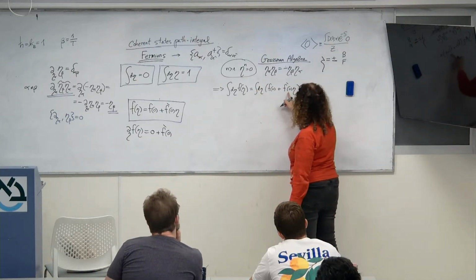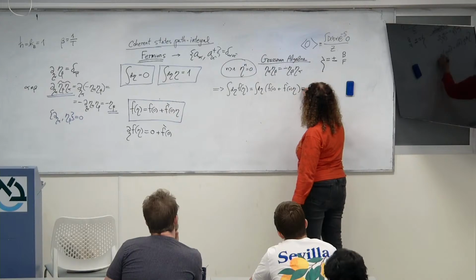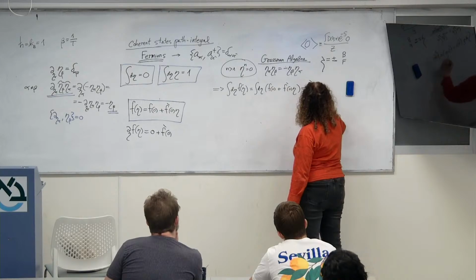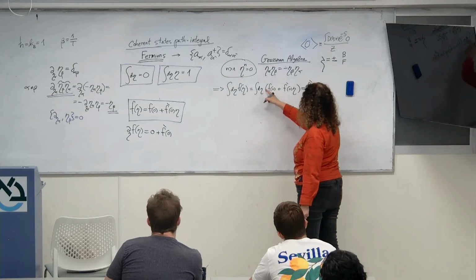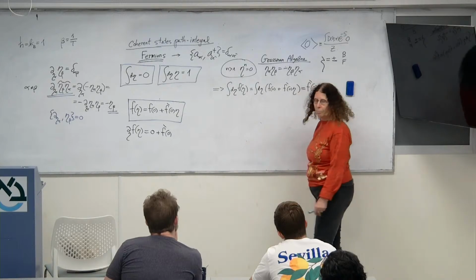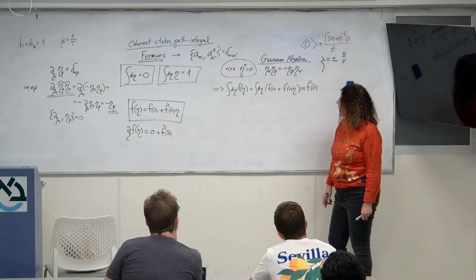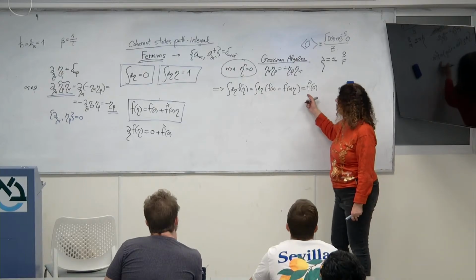The second term will give you f prime times the integral of d eta eta, which is 1. So what did we discover?